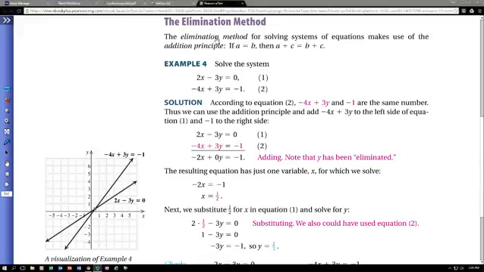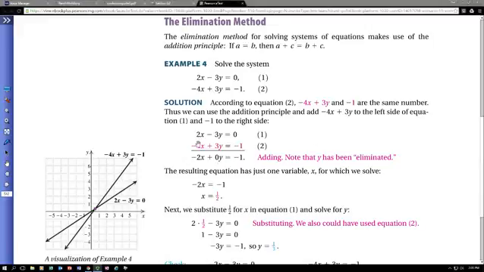Now the name they use is elimination, which is, I think, a really good name because it reminds you what you're trying to do. I'm trying to get one of these variables to go to 0 times it. In other words, I'm looking for additive inverses because additive inverses add up to 0.